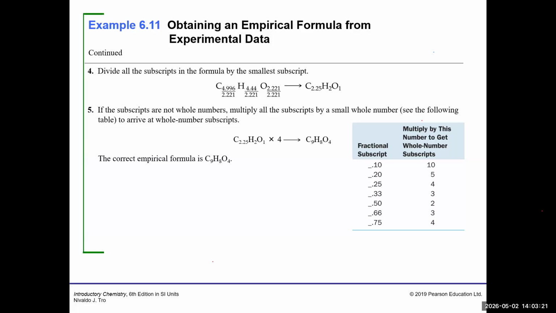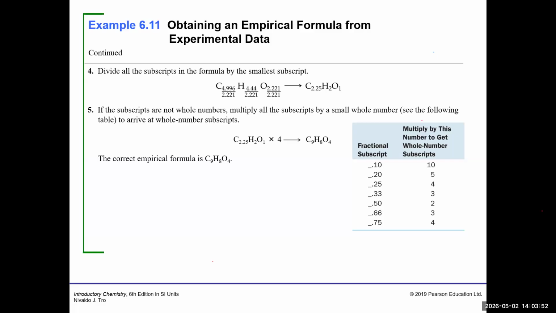Remember our strategy, we have to multiply. When we have 0.25, which number do I multiply by to get a whole number? I will multiply by 4. Or better still, I will divide 1 by 0.25, and I'll get 4.